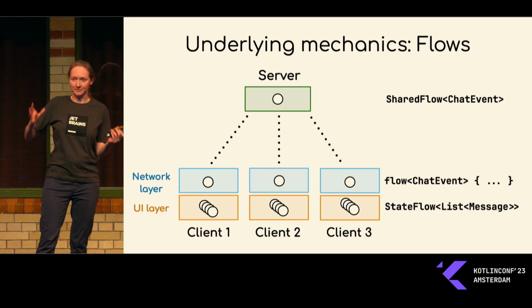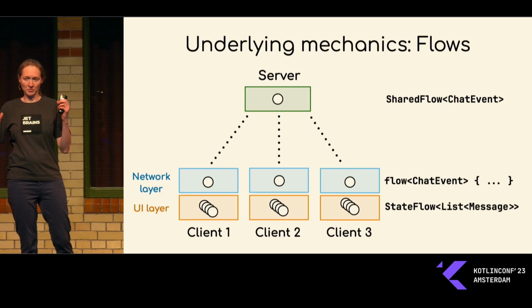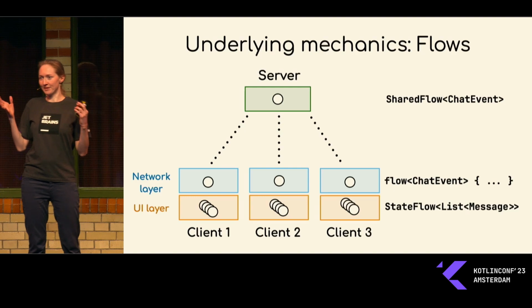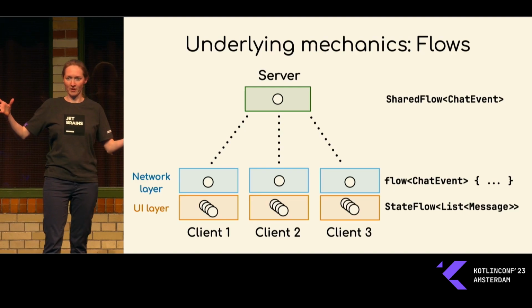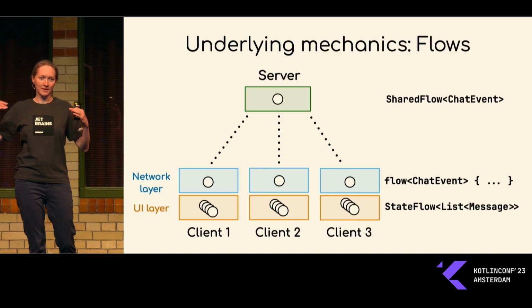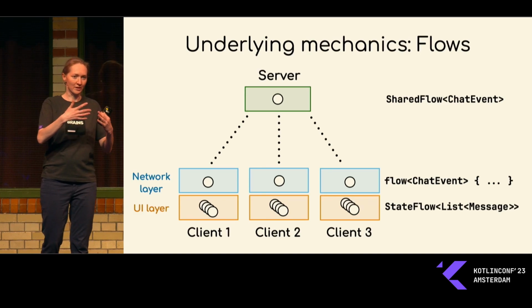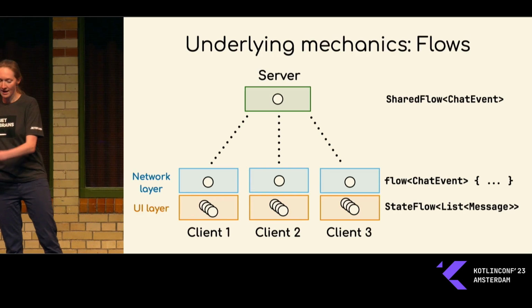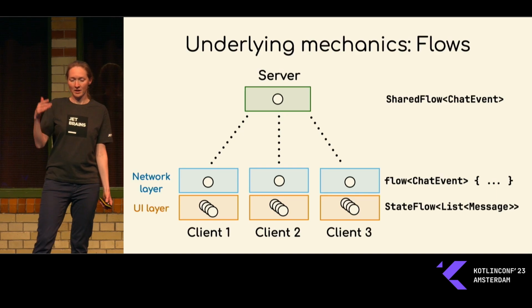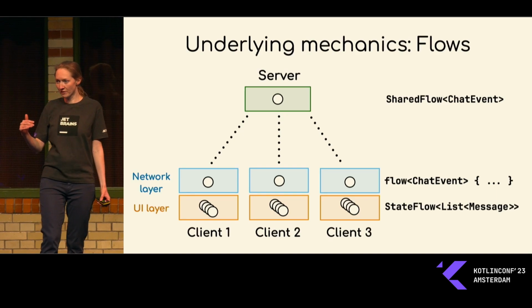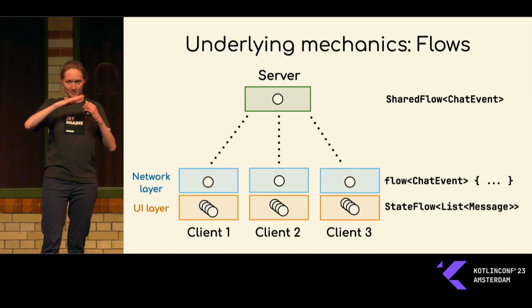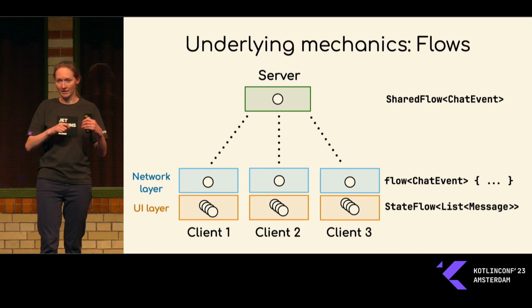So flow is analogous to reactive streams in some other libraries. It's different from just a collection, a list of elements, because it also gives you the perspective of time. So it's like elements coming to us in different periods of time. And in our case, we are using shared flow on the server, and on the client, we divide it into a UI layer and a network layer.